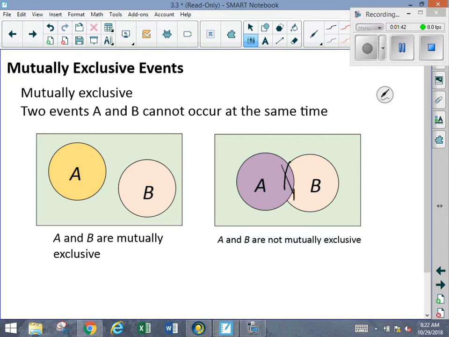What's going on in this little shaded area is A and B occurring at the same time, right? I'm not sure what happened with this drawing.